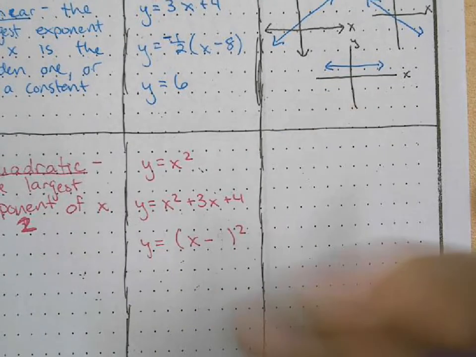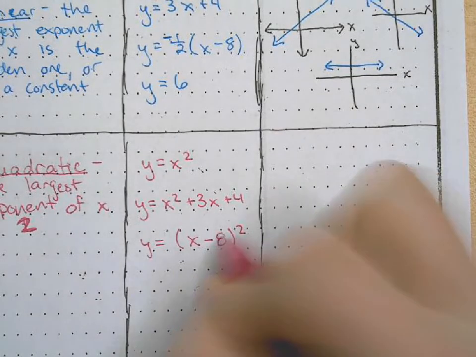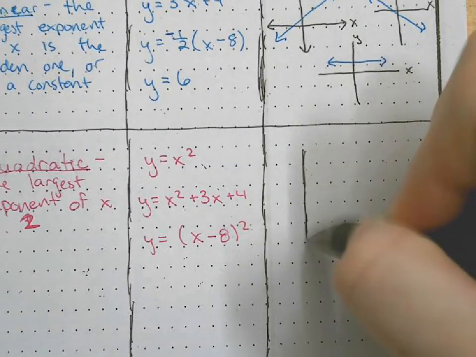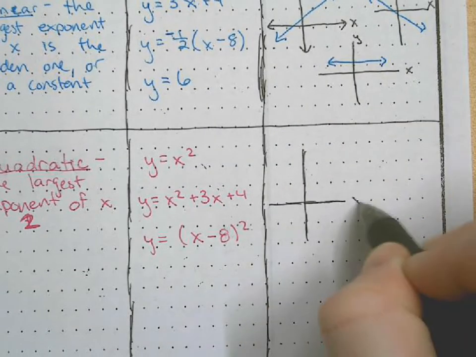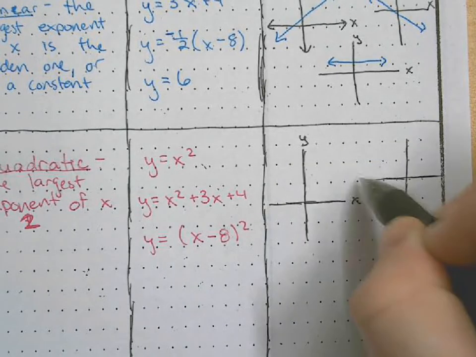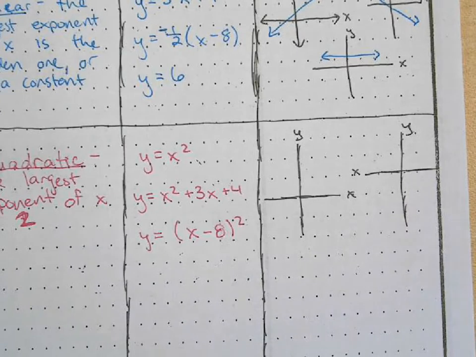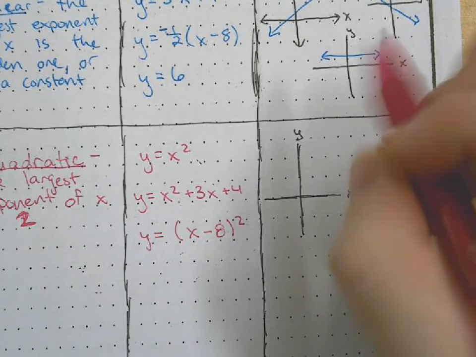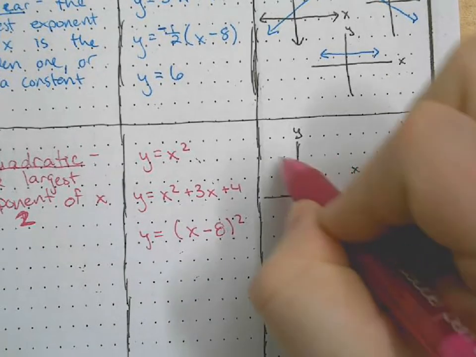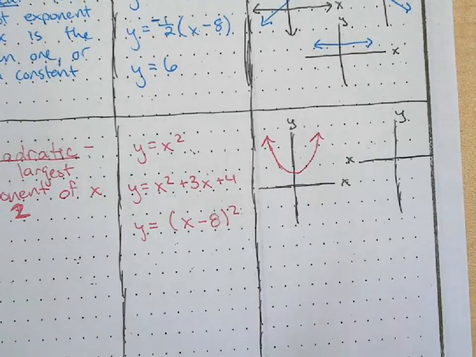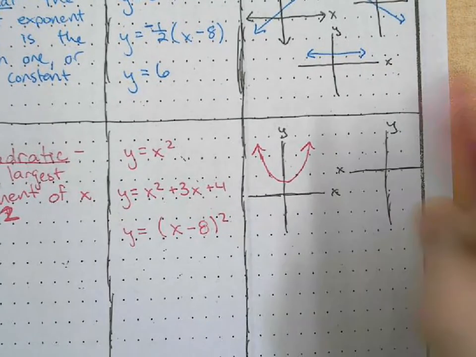And we have two different types of graph for this. The first one looks something like this. This is the positive x squared.